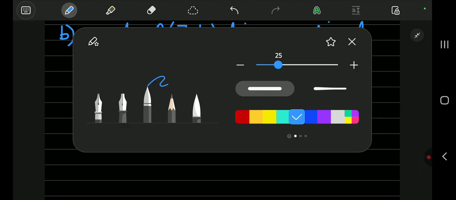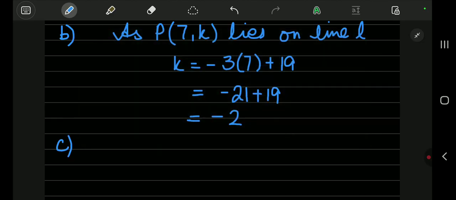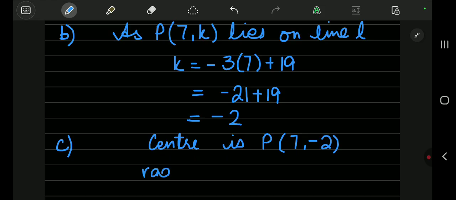So your part C goes like this: the center is P (7, -2), and the radius is going to be equal to the AP distance or BP distance.